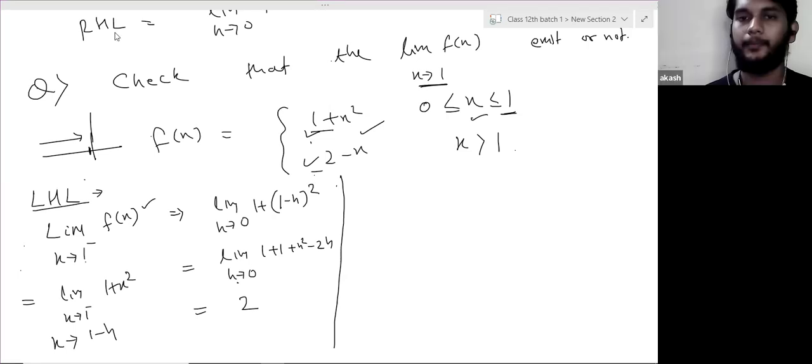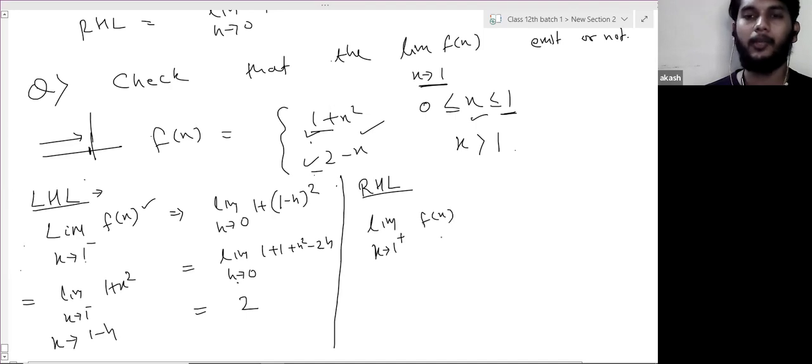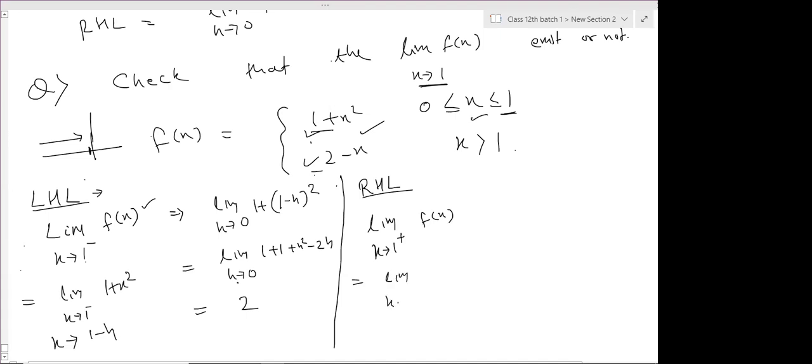All right. So let's try to find RHL. This is limit x tending to 1 plus. 1 plus means we are moving from the right hand side. That is why this is called RHL, right hand side limit. And f of x, so here, what will be f of x? 2 minus x.